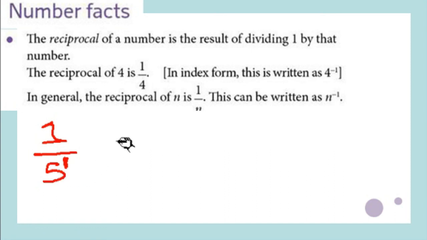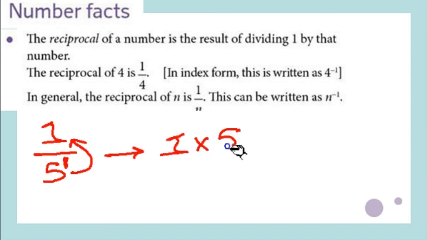There is no more 5. If this 5 is in the denominator and I want to send it up here, what can I do? We say this is 1 by 5. The 5 will go up and the power, which is positive, will become negative. So 1 over 5 is 5 power negative 1.